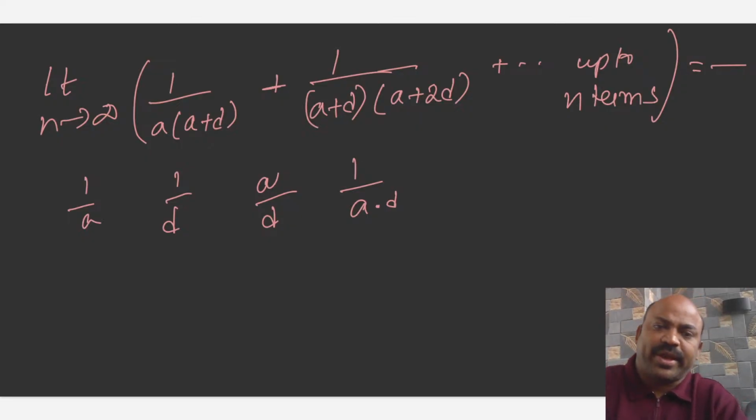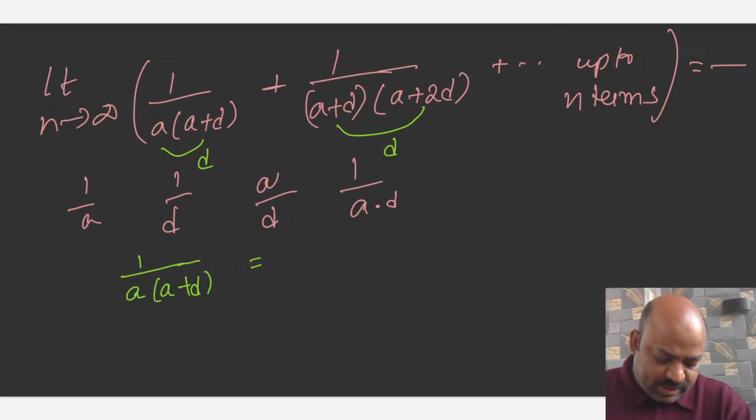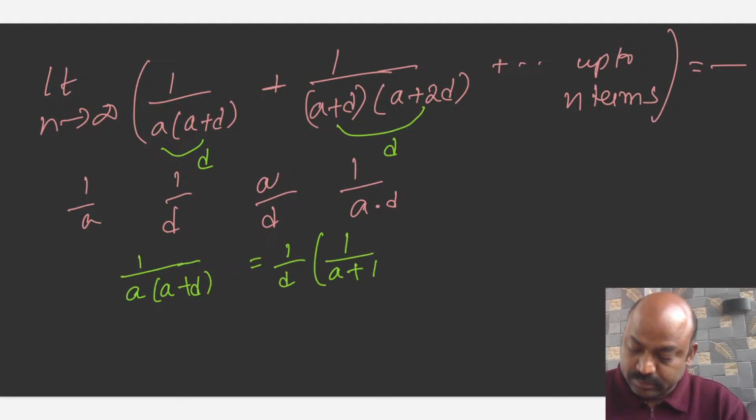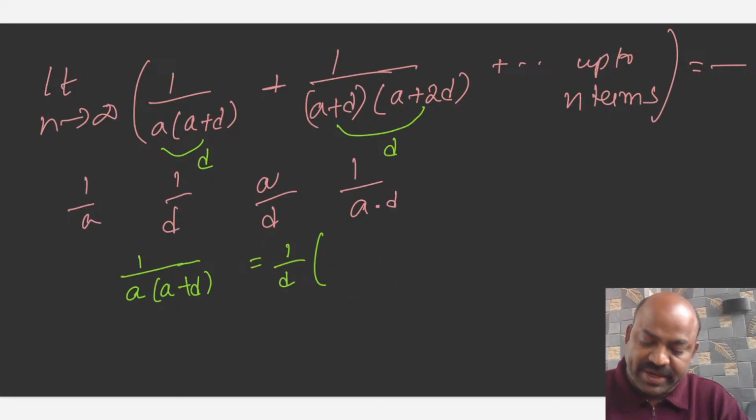So the thing here is, look here. Each term in the denominator is in AP. The difference is d only, right? So what you can do is, observe very carefully. This can be written as 1 by d times of 1 by a minus 1 by a plus d, splitting.